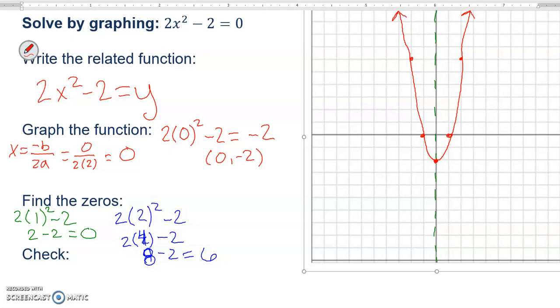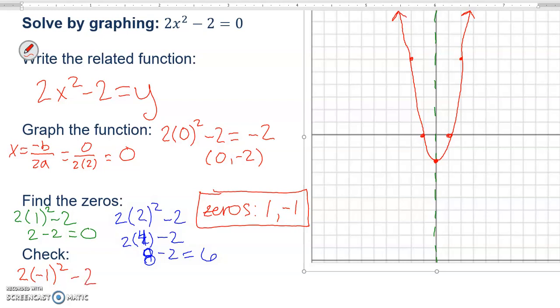So by looking at our graph, it appears that our zeros are 1 and negative 1. So let's check that just to make sure. So we're going to plug negative 1 into our equation and see if we get 0 back.